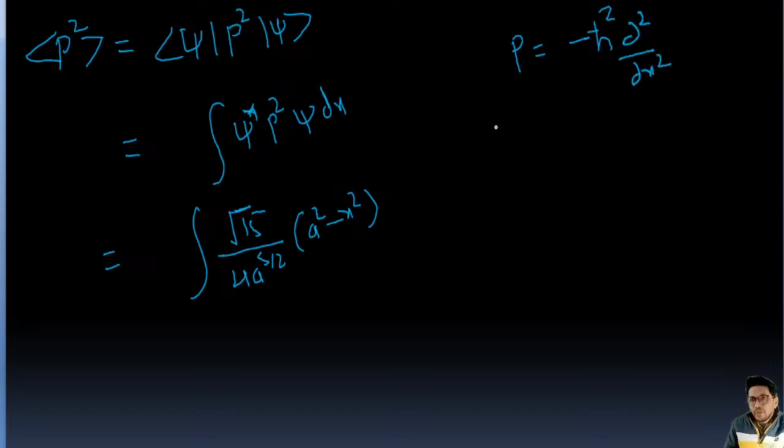This is the value of p square, so we'll write minus h cut square del square upon del x square.